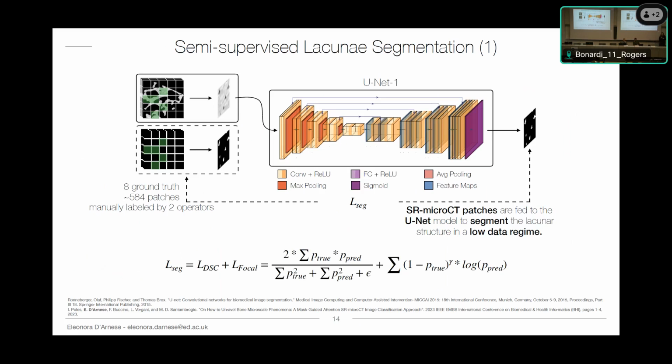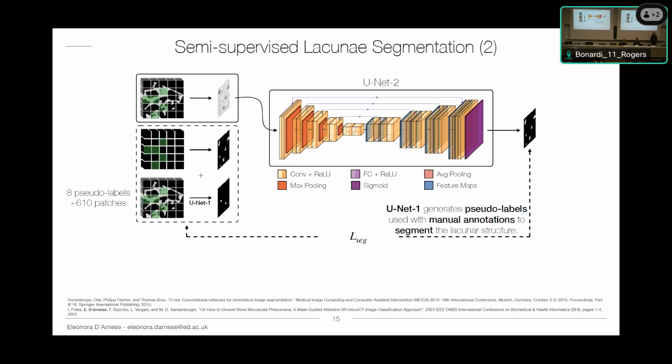So the lacunae, although we are working with patches, are still underrepresented if we look at the entire information of the patch. We were able to get a first network that was good enough to create pseudo-labels. So what we have done is approach this problem as a semi-supervised method, in the sense that we combined another 8 images generated by our first model to train a second one.